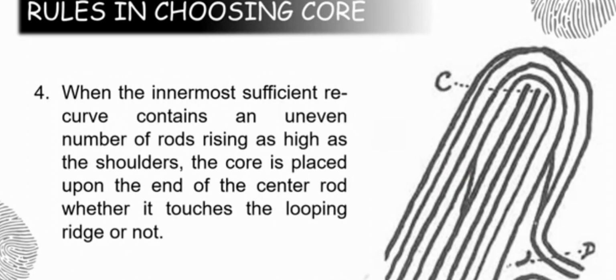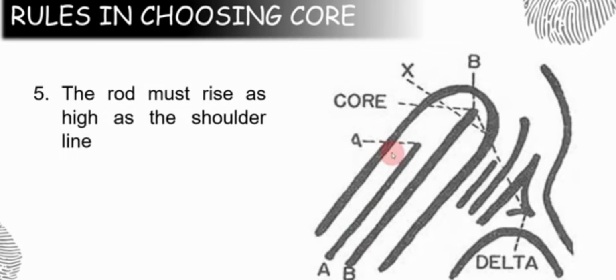In rule number 4, when the innermost sufficient recurve contains an odd number of rods rising as high as the shoulders, the core is placed upon the end of the center rod, whether it touches the looping ridge or not. In rule number 5, the rod must rise as high as the shoulder line.